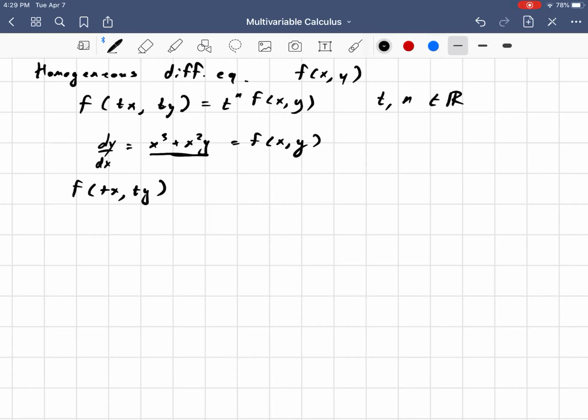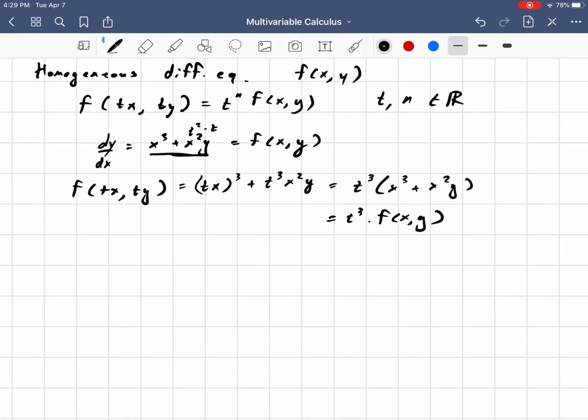If we plug in tx and ty, we get tx cubed plus t squared times t cubed times x squared y, and that's t cubed times x cubed plus x squared y, which is just t cubed times f of x y. So this function here is homogeneous of degree 3. That's how you test for homogeneity.